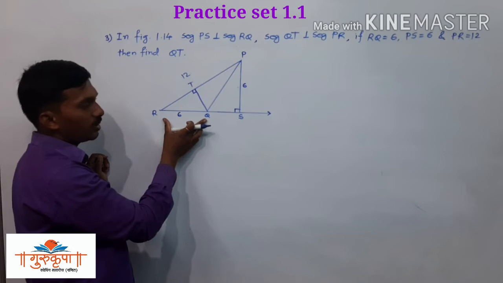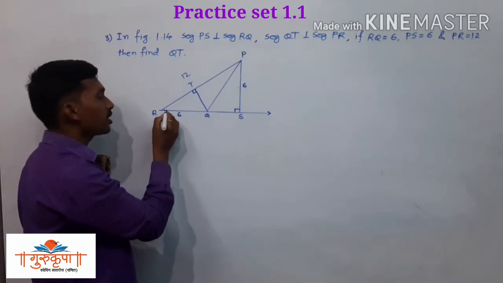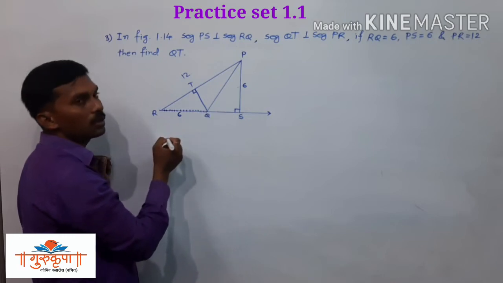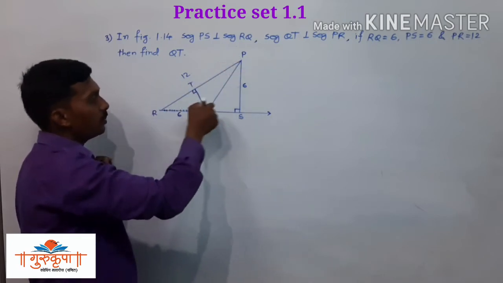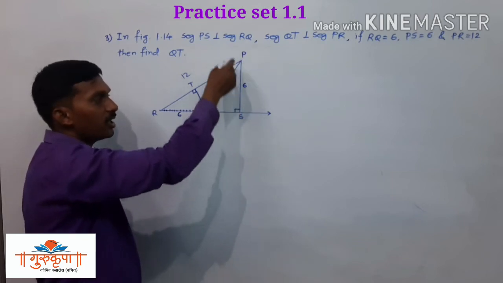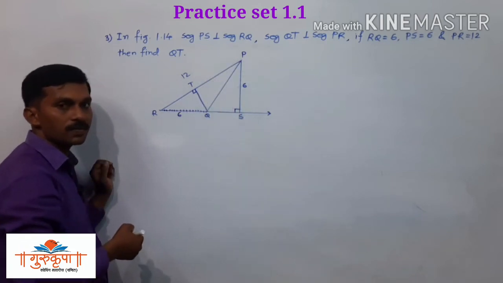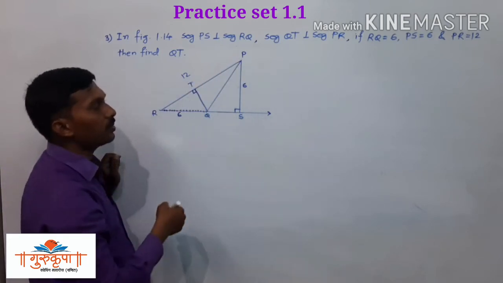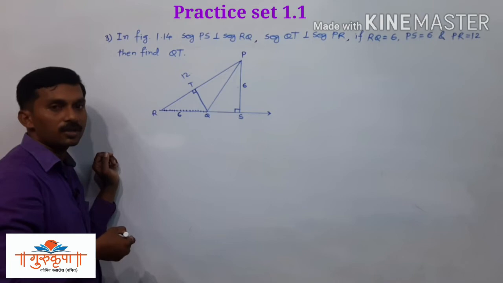See this QR is the base. This QR is the base of triangle PQR. Same triangle is there and then height is 6. Same triangle is there, only triangle PQR. We have to think about the triangle PQR.